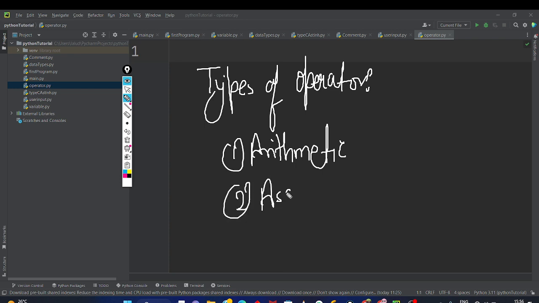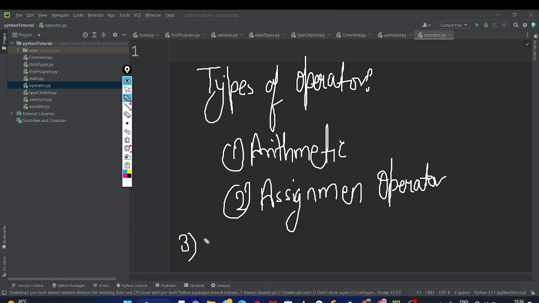Then the assignment operator. The third one is the comparison operator. And the fourth one is the logical operator.